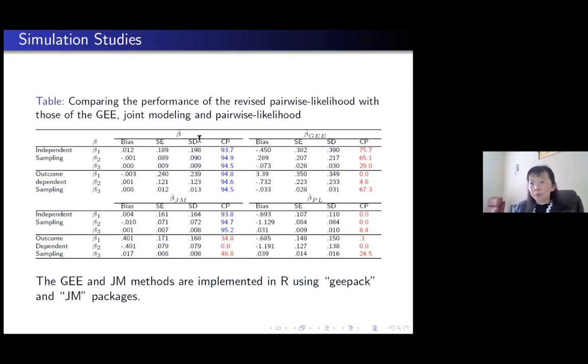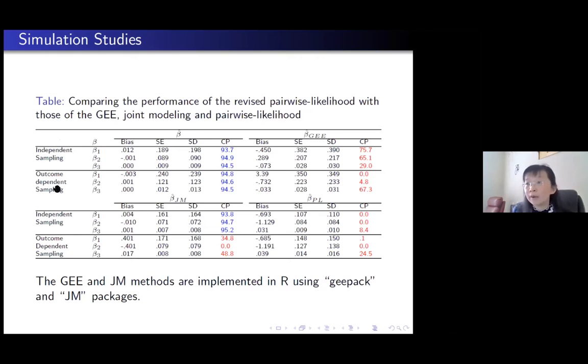Here, I only present the results from 2 scenarios. Under the first scenario, the observation process is independent of the longitudinal outcomes, while under the second scenario, the two are dependent on each other.